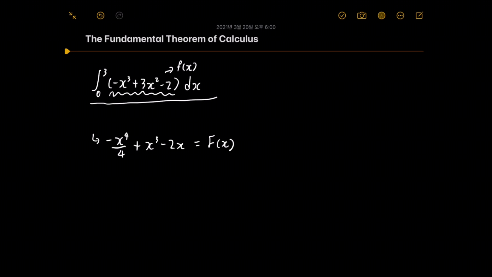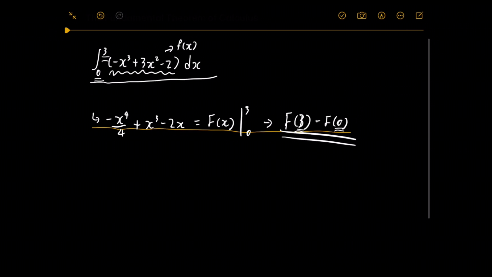And from the definition, to find the area over this interval from 0 to 3, we have to subtract F of 0 from F of 3. So the only thing left is to simply plug the numbers 3 and 0 into this function. So let's plug this in.